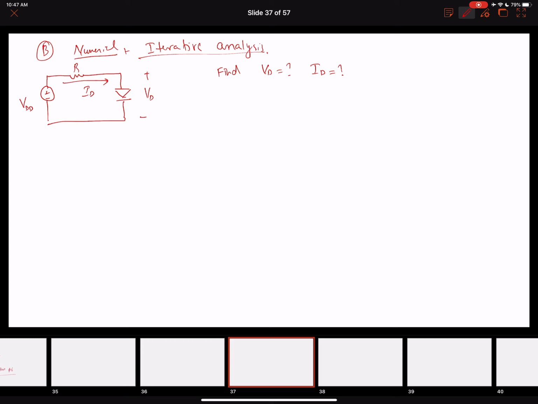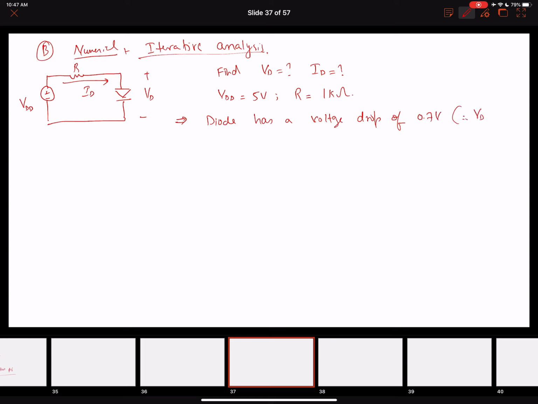Now let us suppose, while doing this iterative analysis, that we know the value of VDD. Suppose it is 5 volts, and the value of the resistance is 1 kilo ohm. Further assume that the diode has a voltage drop of 0.7 volts.